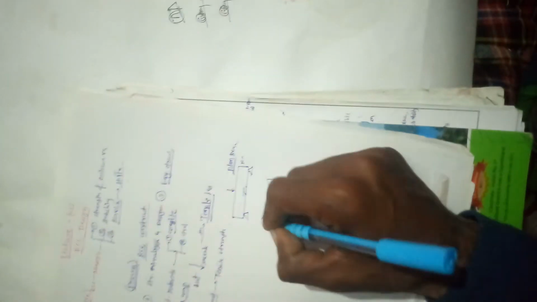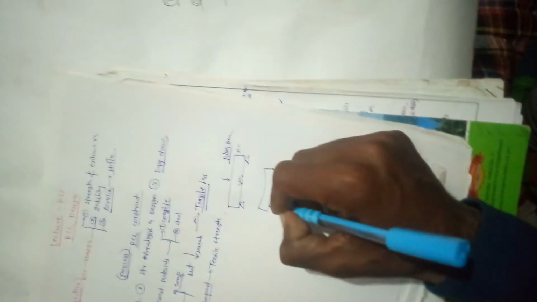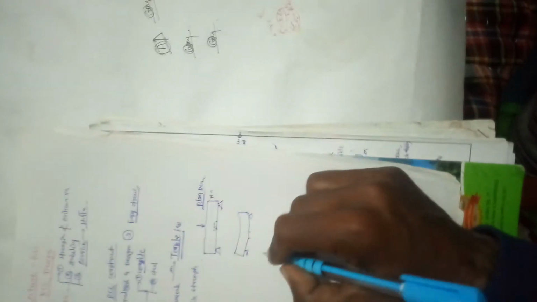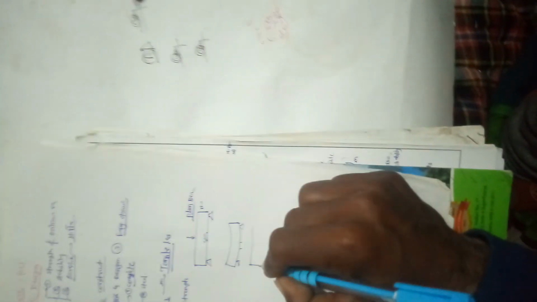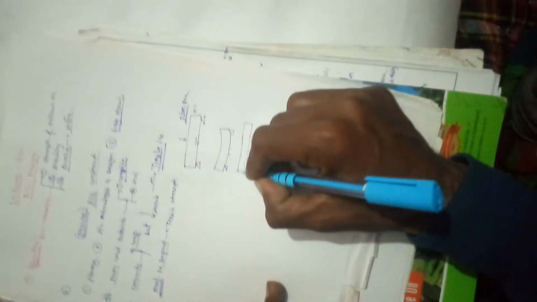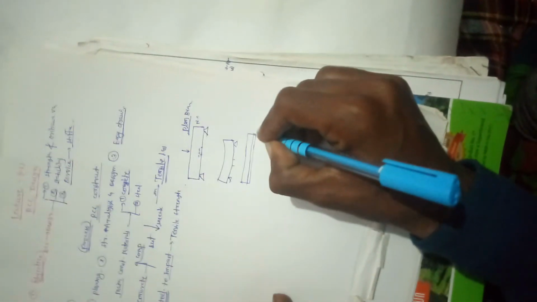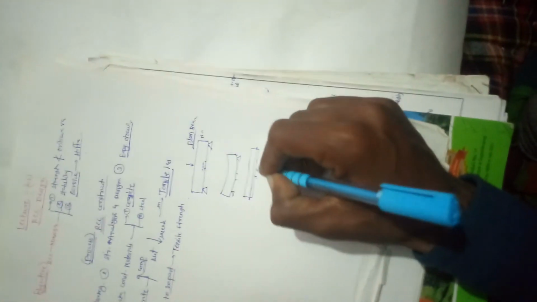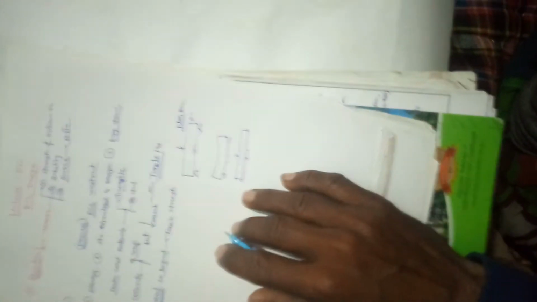Suppose there are some cracks like these. If we provide suitable reinforcement at the suitable place with a suitable diameter, then this is prevented, so the crack is not introduced.